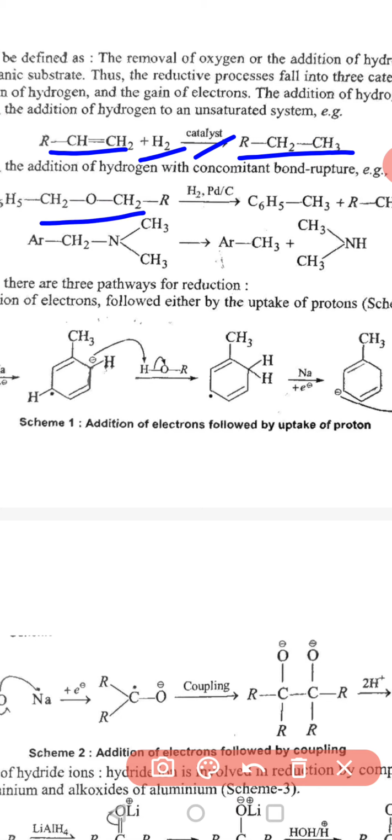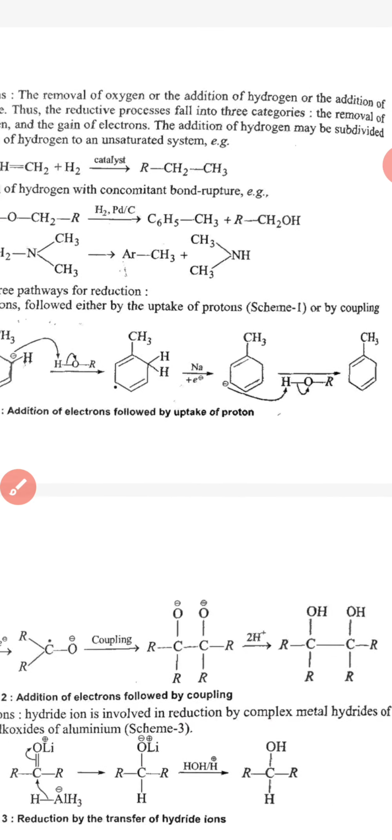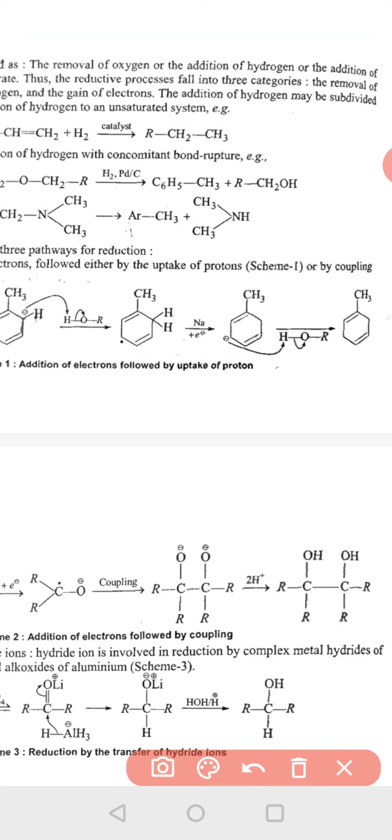The substrate is ether. This is a saturated compound. We are adding hydrogen in presence of a catalyst. The bond breaks between C and O and we get two products. This is toluene and this is alcohol.